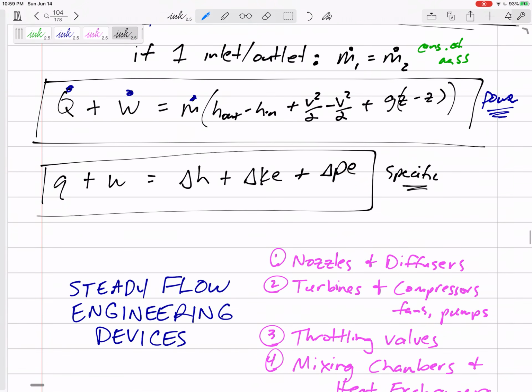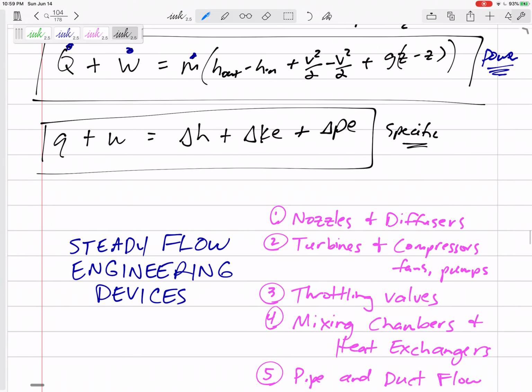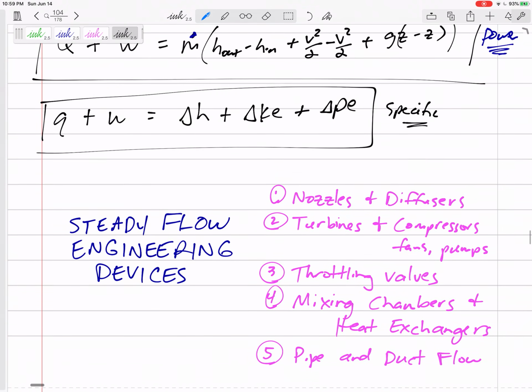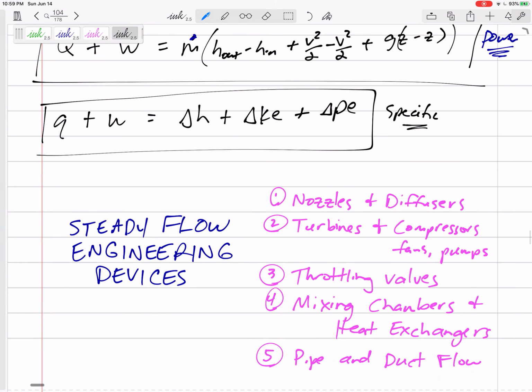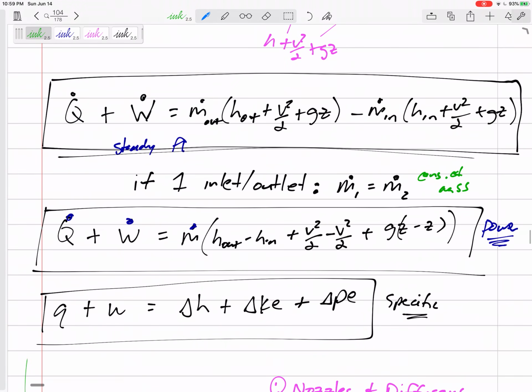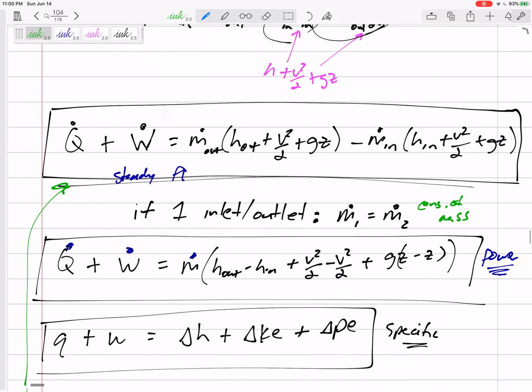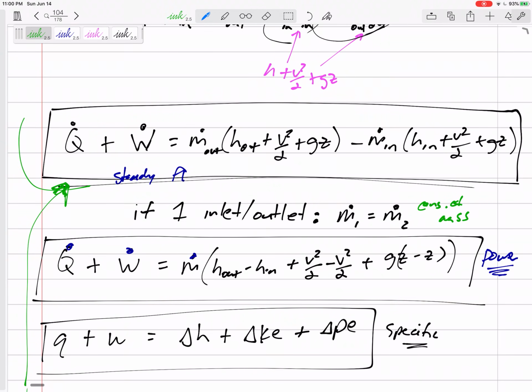Okay, so for steady flow devices like nozzles, diffusers, turbines, compressors, pumps, throttling valves, mixing chambers, heat exchangers, and pipe and duct flow, we can start with, I like to start up here.